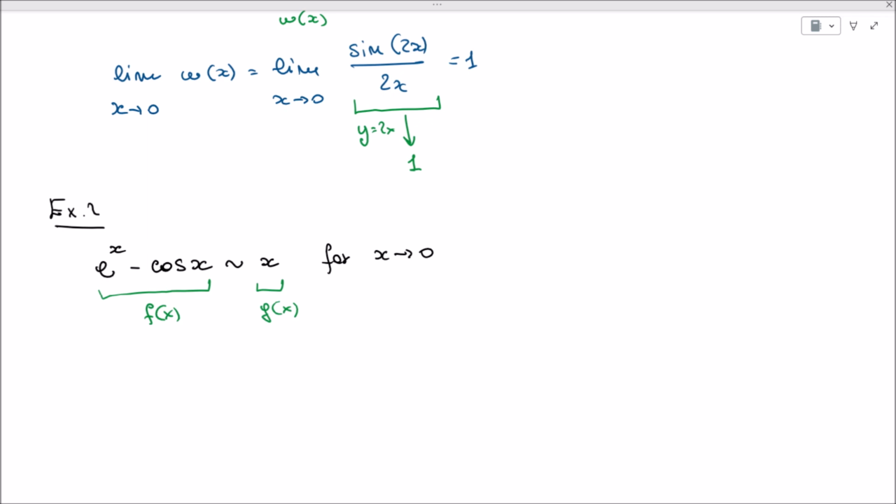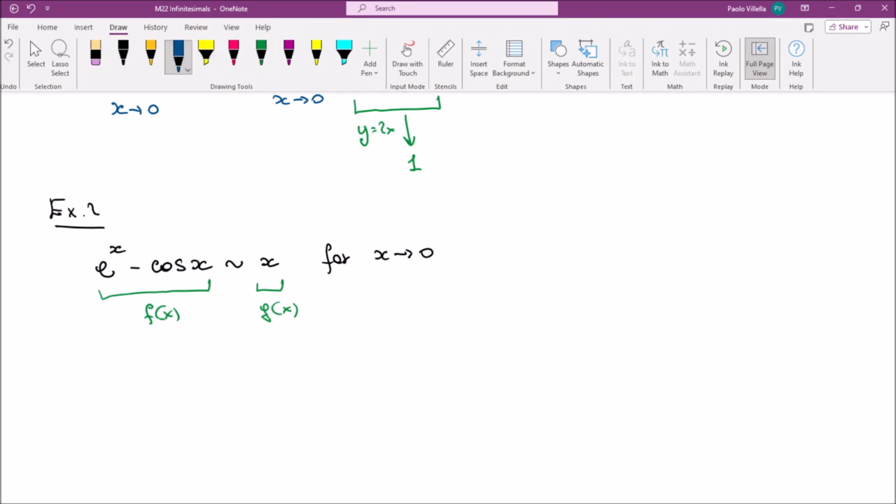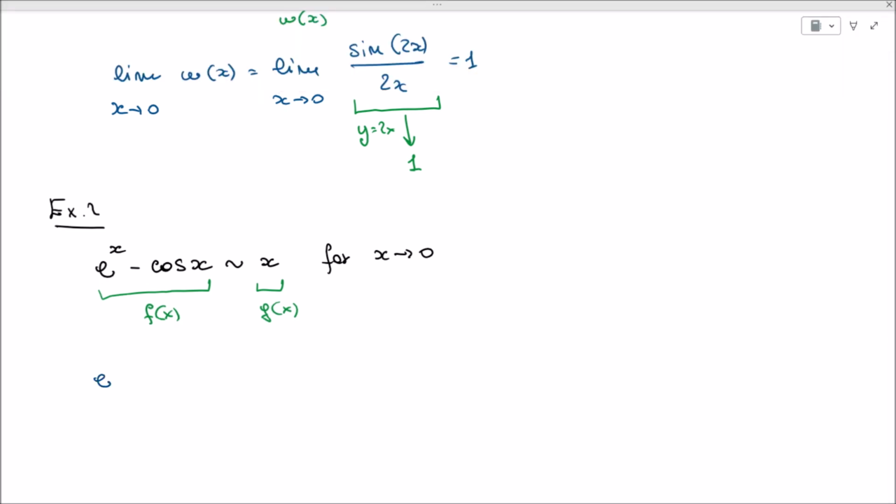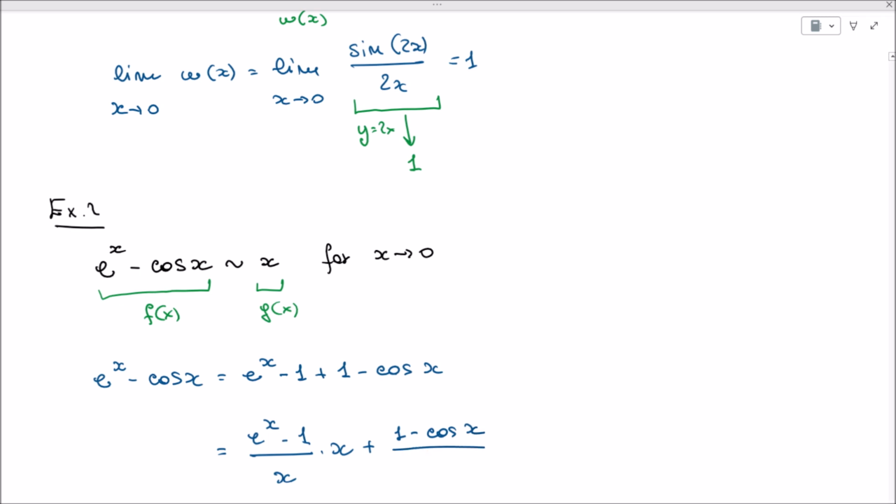Now, we need to play a little bit with what we know about fundamental limits, and we immediately recognize that e to the x minus cosine of x can be written as e to the x minus 1 plus 1 minus cosine of x, which again can be written as (e to the x minus 1) divided by x times x plus (1 minus cosine of x) divided by x squared times x squared.